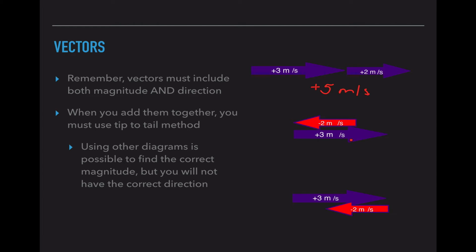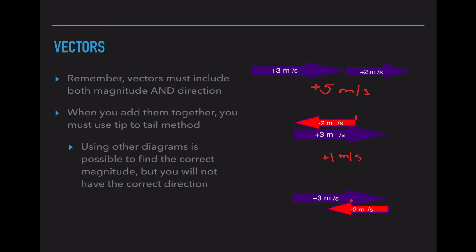The second one, we have our first arrow starting here because that's where we have a tail that is not near the point of an arrow, going 2 meters per second to the left or negative 2 meters per second, and then 3 meters per second to the right. Since these are in opposite directions, we're actually going to be subtracting them. So our total vector quantity is a positive 1 meter per second or 1 meter per second to the right.